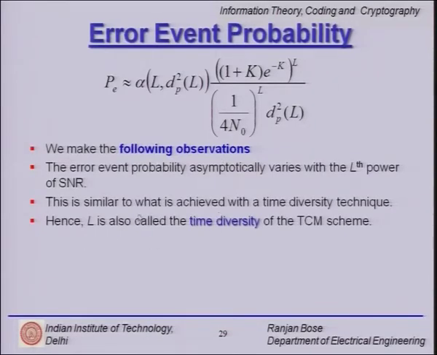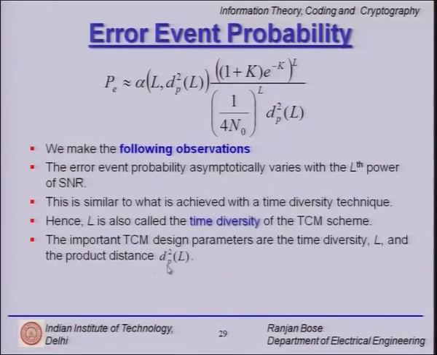Here L is the time diversity of the TCM scheme, simply because we have an effective length L, so our design criteria should be such that we maximize this effective length L so as to gain time diversity in terms of the TCM scheme. The important TCM design parameters are the time diversity L and the product distance dp squared.